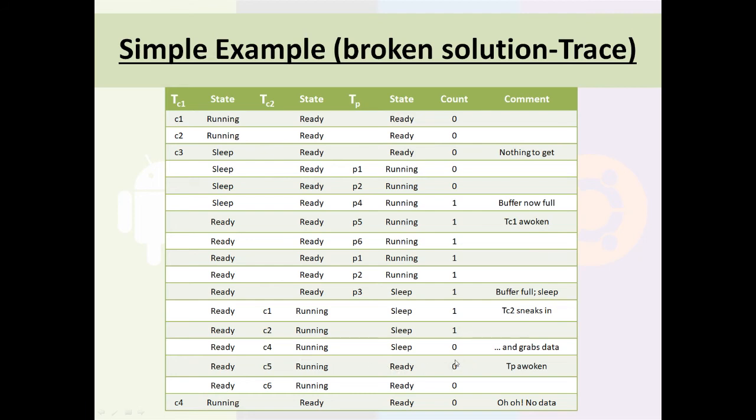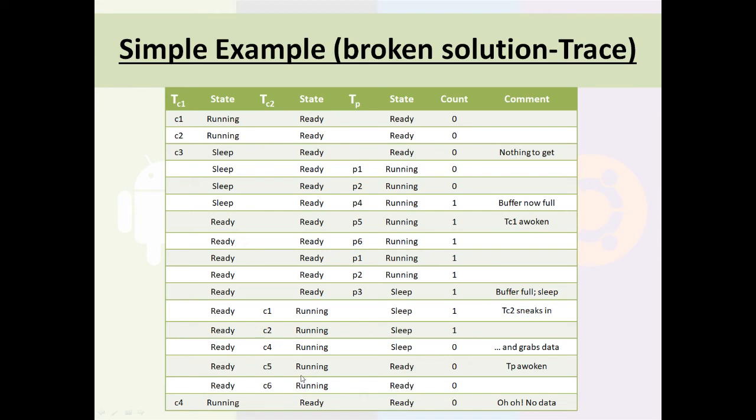And by taking information out of the buffer, we also trigger the conditional variable for the TP, which basically awakens our producer, which puts it on that ready list. So it hasn't been scheduled yet, but it is ready and waiting, so it's no longer sleeping. And then basically TC2 finishes, right?